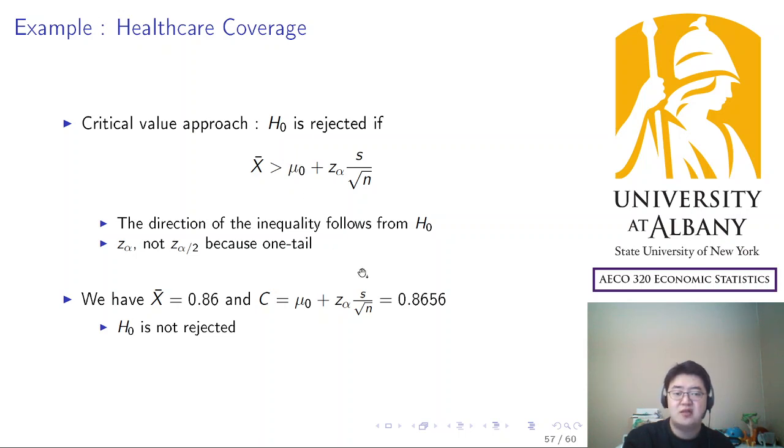When you plug in the numbers, you get 86.56%. So you are very strict. Only when the coverage rate increases above 86.56%, you admit the positive effect of the Affordable Care Act.